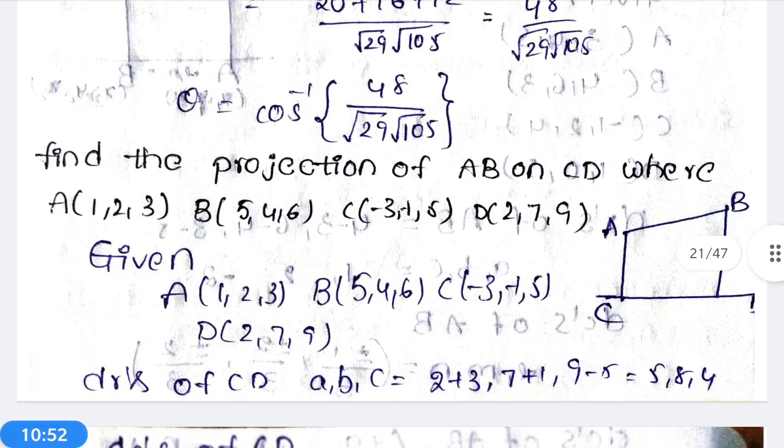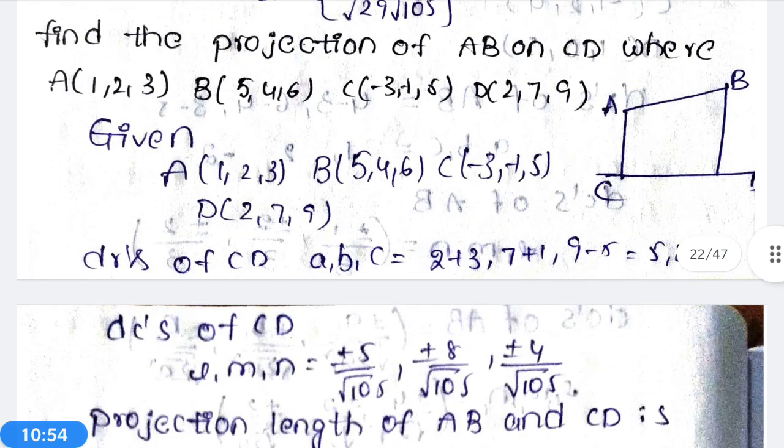Next problem. Find the projection of AB on CD where A is (1, 2, 3), B is (5, 4, 6), C is (-3, -1, 5), D is (2, 7, 9). Projection of one line on another line: how can we determine?